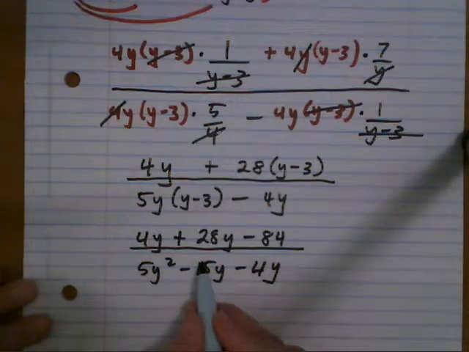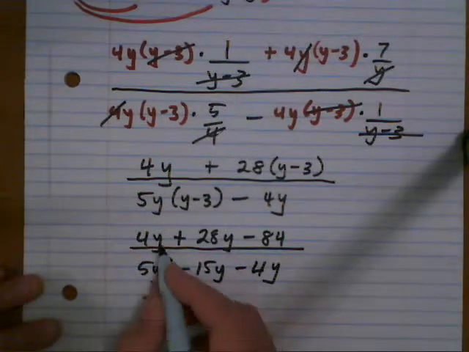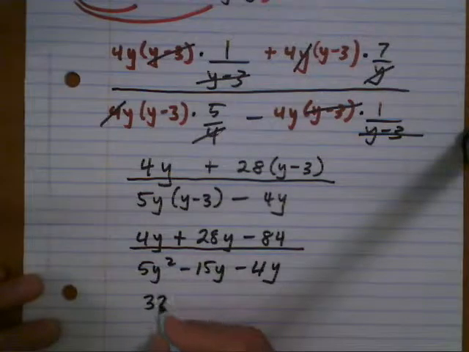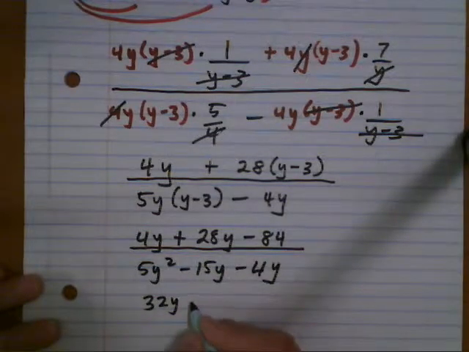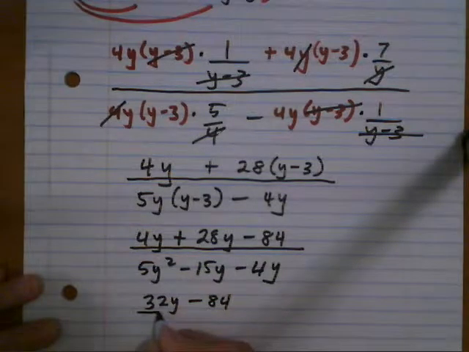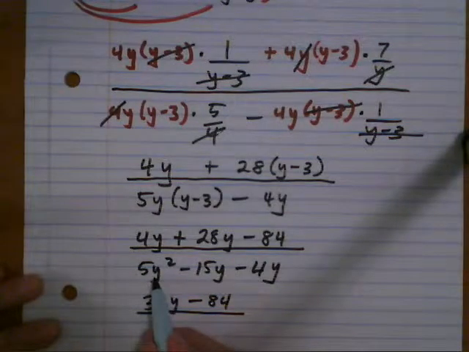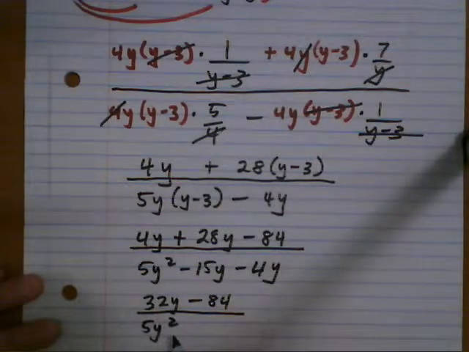And then combining like terms, we get 4y plus 28y is 32y, minus 84 over 5y squared minus 19y.